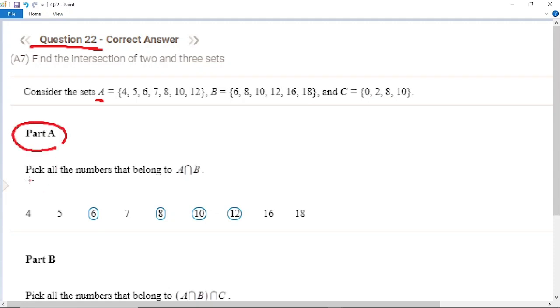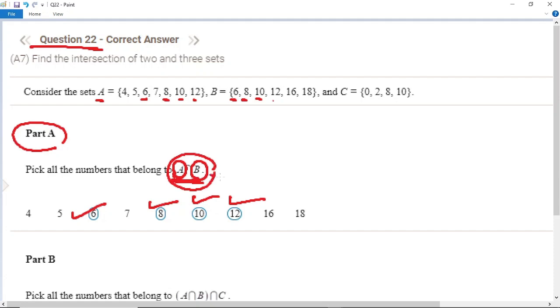Part A. Pick all the numbers that belong to A intersect with B. That means he needs the numbers which are in A and B. So 4, no, it's not here. 5 is not here. 6, yes, 6 and 6, that means I'll choose 6. 7, it's not going to be. 8, yeah, it's there, so we choose 8.